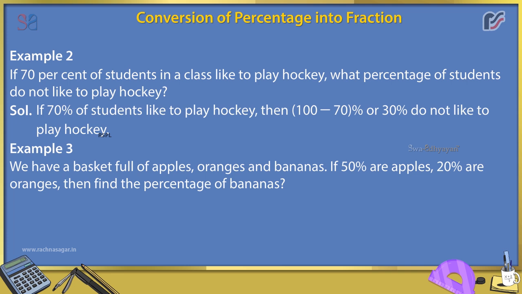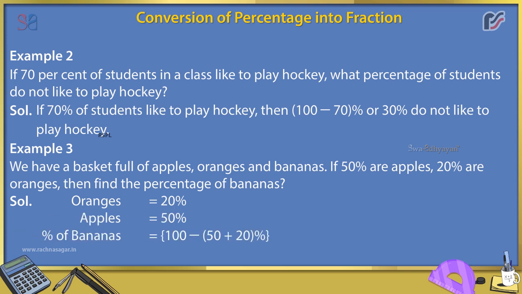If 50% are apples, 20% are oranges, then find the percentage of bananas. Solution. Oranges is equal to 20%, apples is equal to 50%, percentage of banana is equal to 100 minus in the brackets 50 plus 20%, which is equal to in the brackets 100 minus 70%, which is equal to 30%.